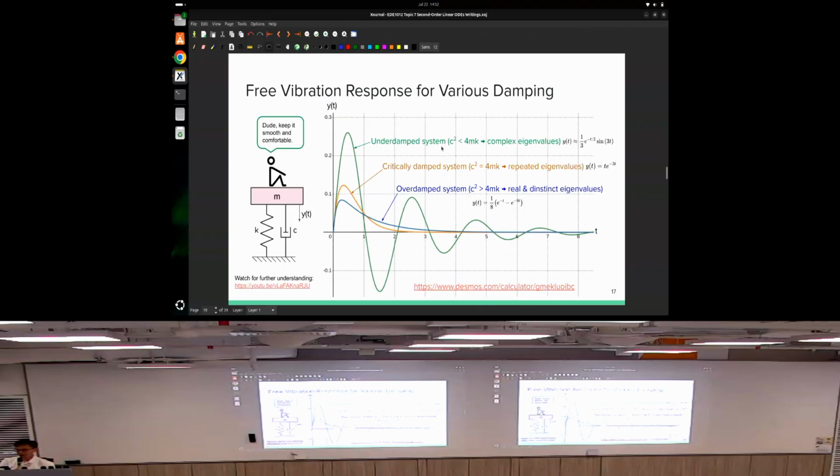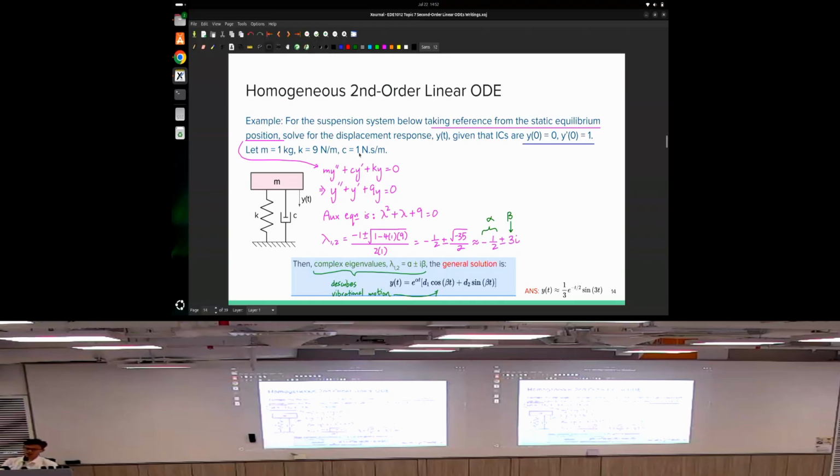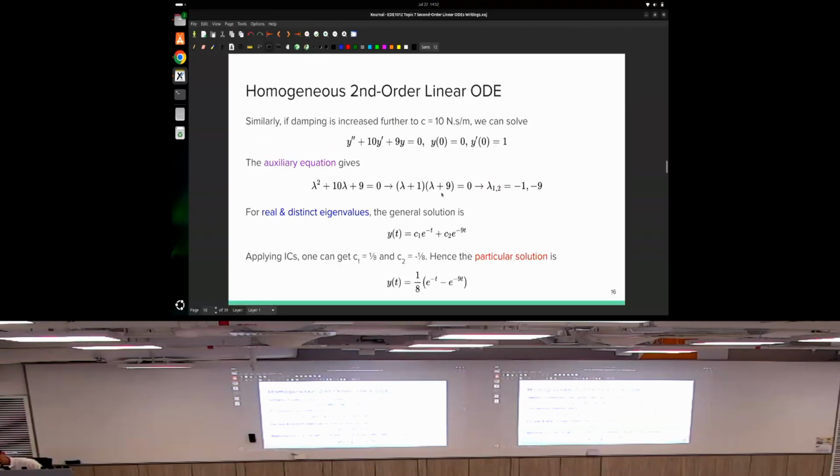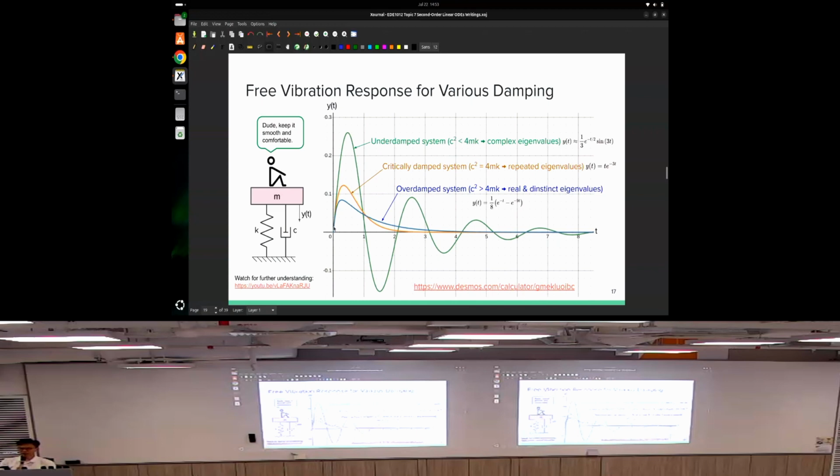Initially, when the damping is small, like 1 Newton second per meter, you get vibrations because you have a sine 3t term. If you plot it, you see this green curve, the vibratory motion. If you increase the damping coefficient to 6, so that you get repeated eigenvalues, then your t e to the minus 3t is not going to get any vibrations because there are no sine and cosine terms.